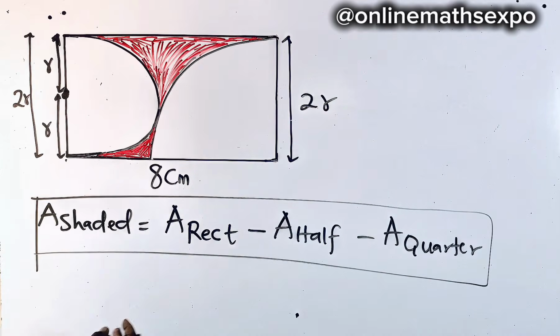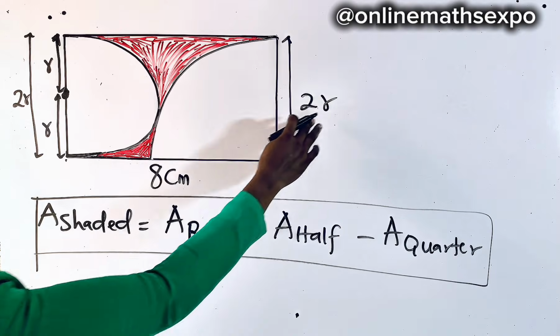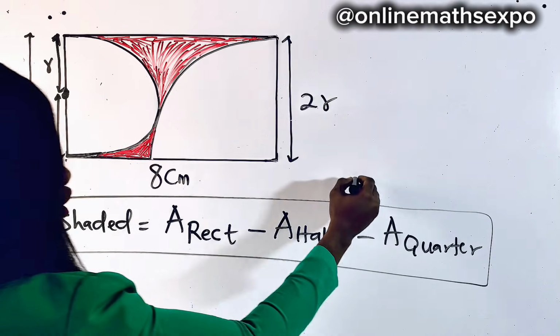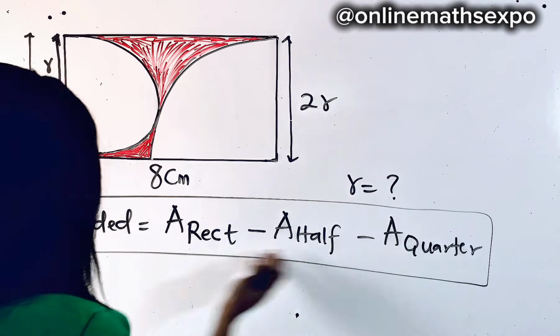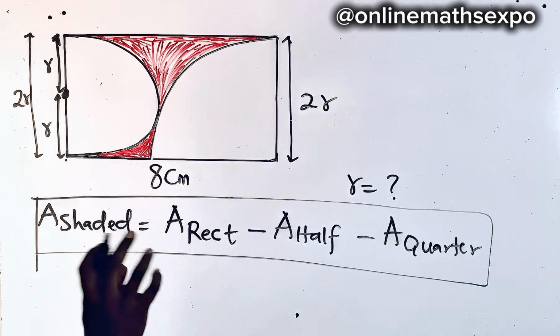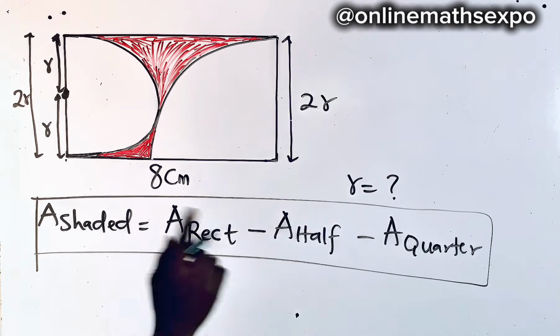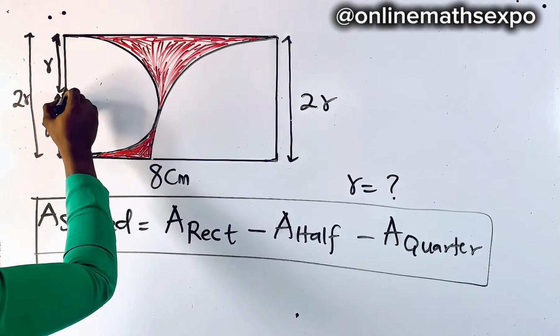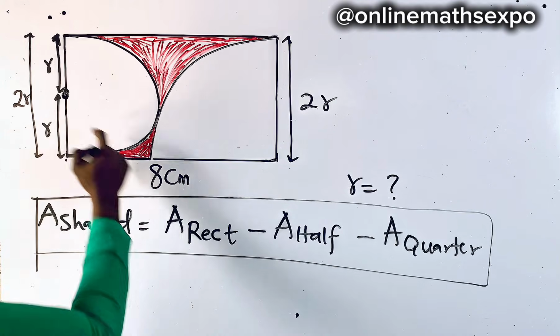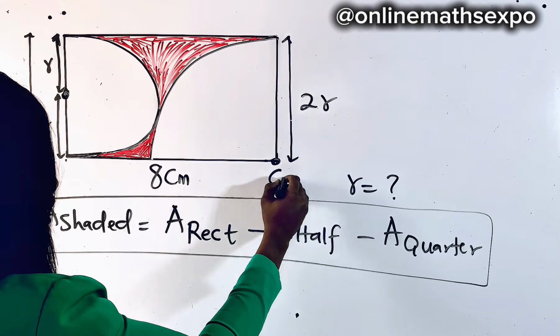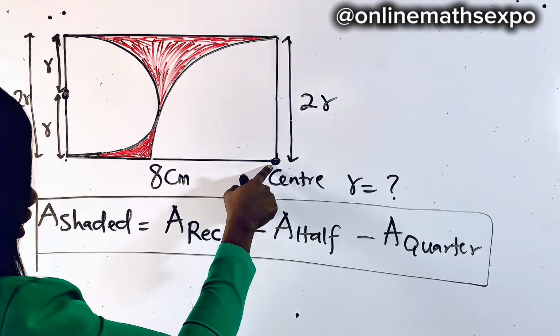Now with this, we still need to know the radius. We need to get the radius for us to answer this question. How do we do that? Let me remind you of this theorem. Remember that this we said is the center of this half circle, and this is also the center of the quarter circle.